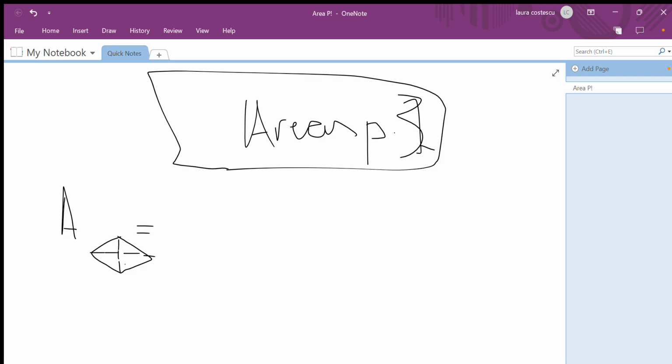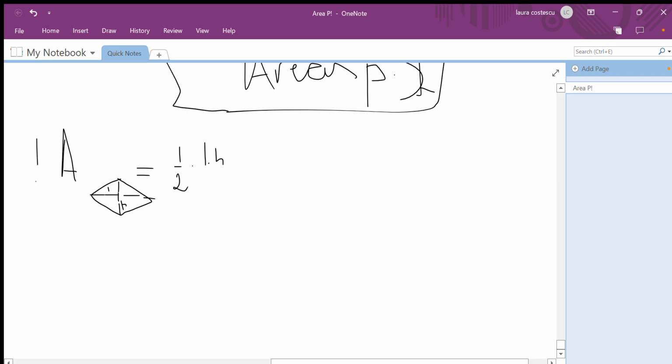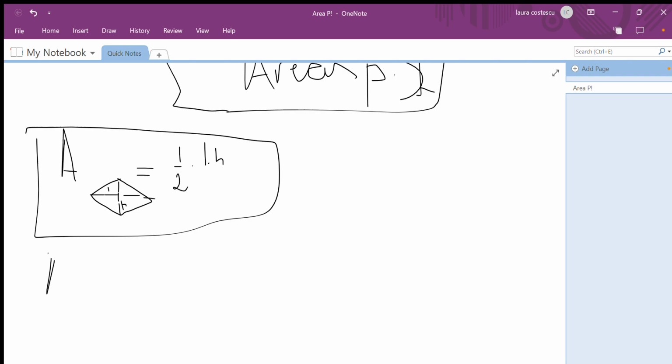So what's the area of a rhombus? Here we got our rhombus, and we're gonna calculate the height and the length, right? So how much is this? 1/2 times the length times the height. Oh, beautiful. So for educational purposes, give me the area of this specific rhombus.